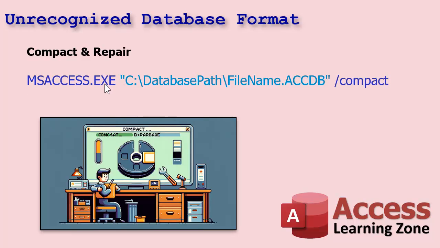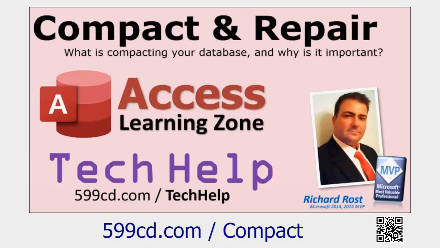It's up to you. This is a Windows command line thing, right? msaccess.exe, and then in quotes, the name of your database with the full path, and then /compact, and that will compact it without opening it first. All right? That might do it if you can't get into the file. If you don't know how to compact and repair your database, go watch this video. Again, I'll put a link down below.